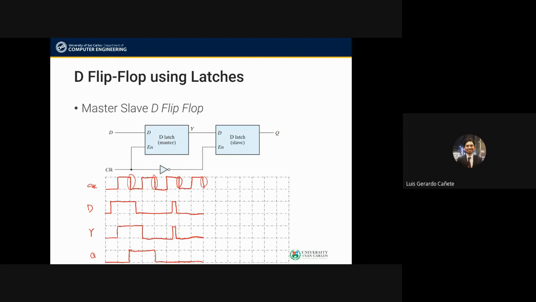We can make the master-slave flip-flop positive edge, and that's by moving this here. If we put an inverter first, and then we connect that there, and then we connect it like this, then it becomes positive edge triggered. Okay? But otherwise, in this case, it is negative edge triggered.